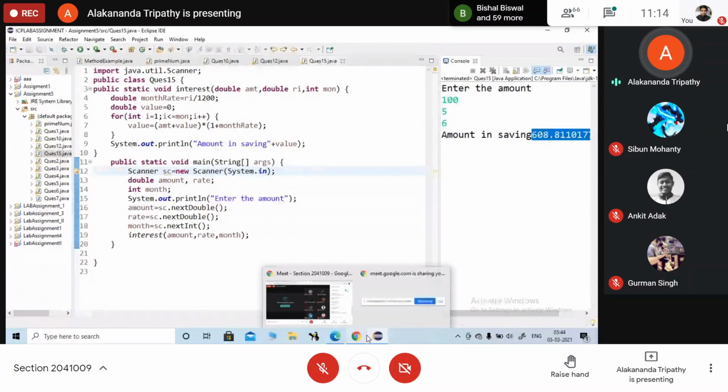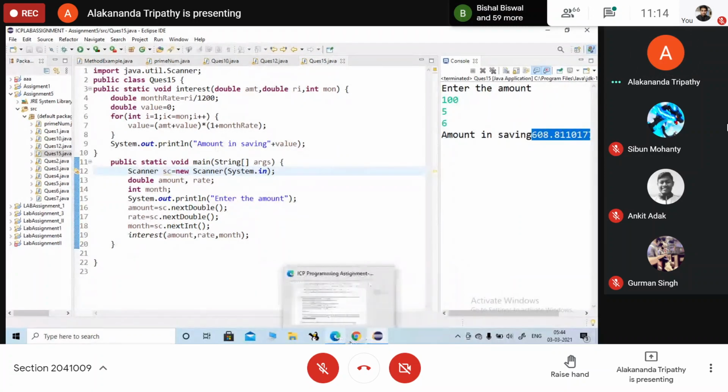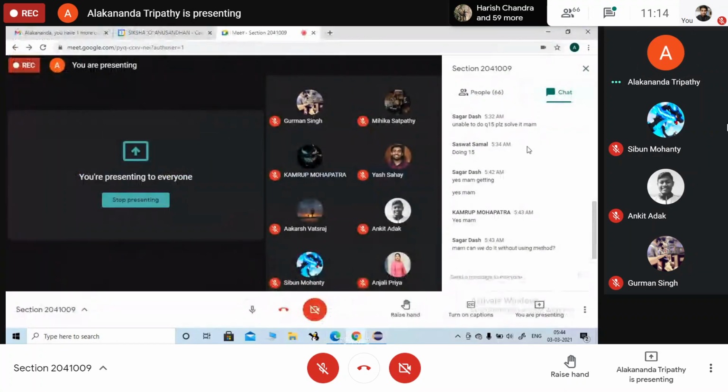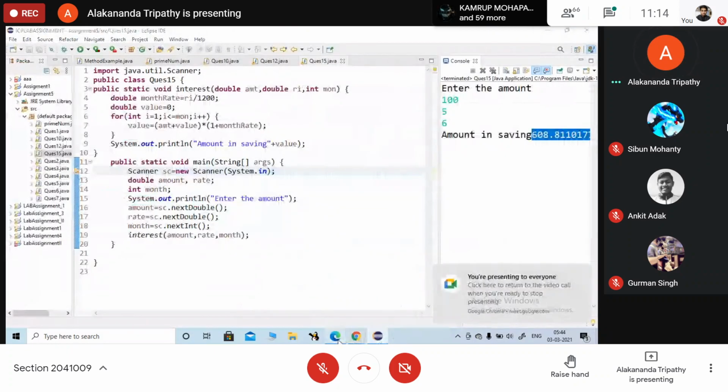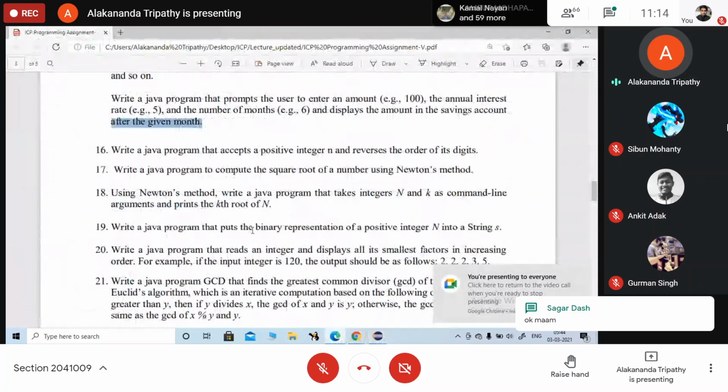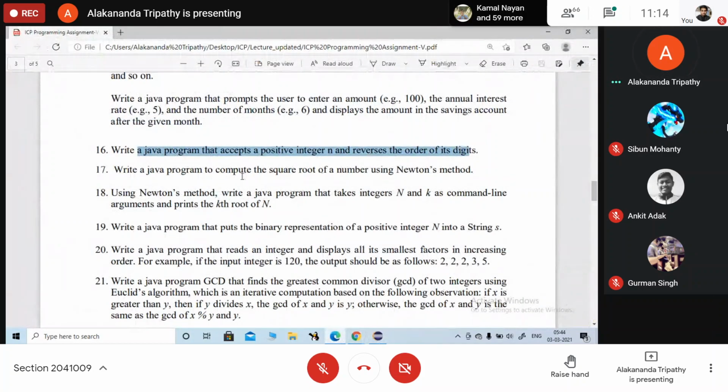Saswat, you are also correct. You can also do it without using method also. Okay. Should I move to the next question? Question number 16. You can do it by your own.